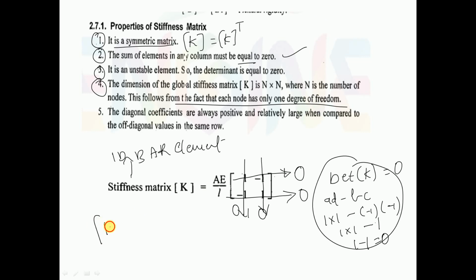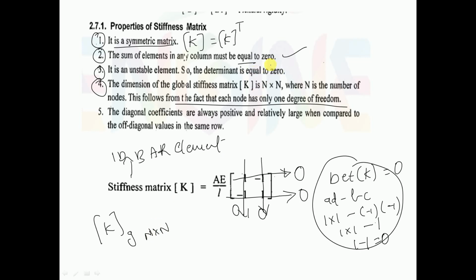Then we have to assemble these element stiffness matrices to form the global stiffness matrix. But the global stiffness matrix size should be the number of nodes. For a one dimensional problem, the number of nodes is nothing but the displacements.